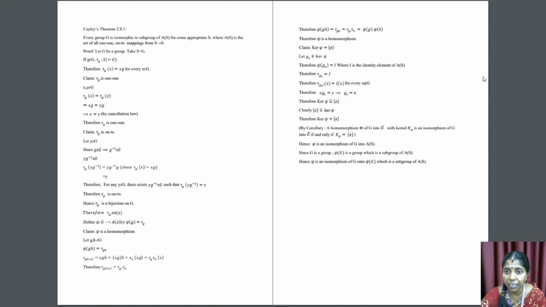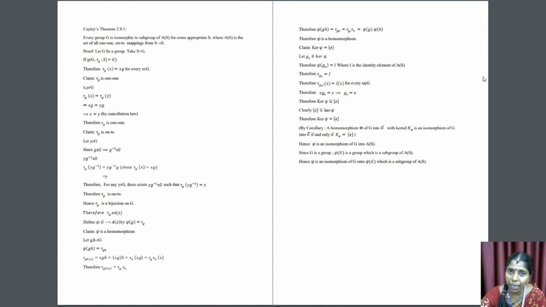Therefore, psi(g0) equals I, where I is the identity element of A(S). Kernel means the collection of all elements whose image is the identity; we take that element as belonging to the kernel. Therefore, tau_g0 equals I. Therefore, tau_g0(x) equals I(x) for every x belonging to G. Therefore, x g0 equals x. This implies g0 equals e.